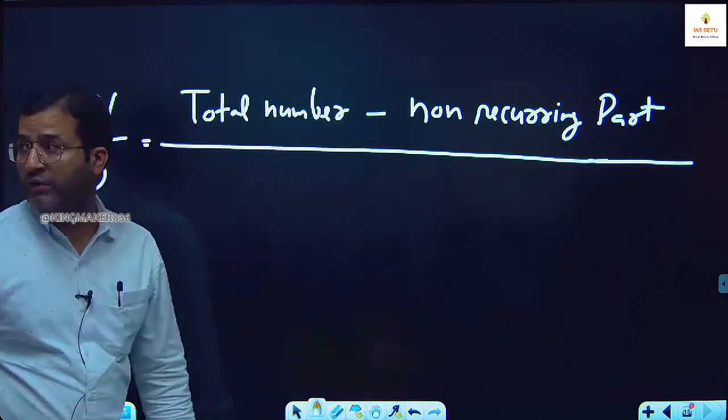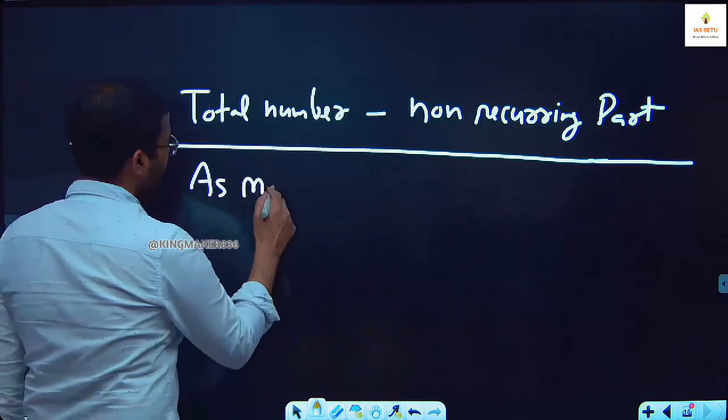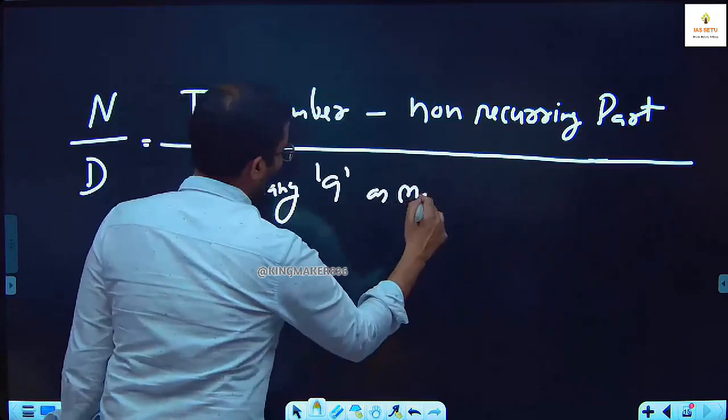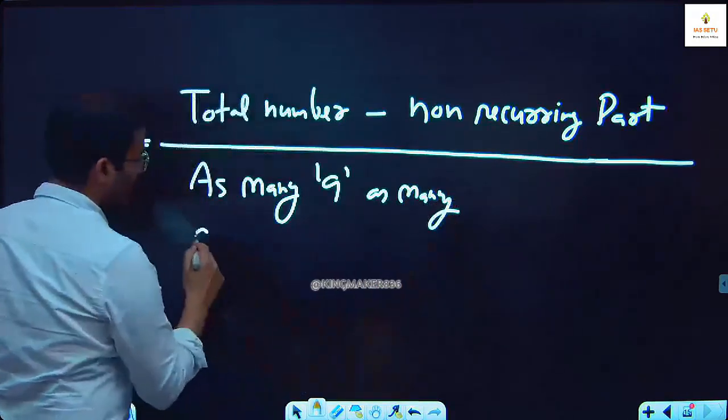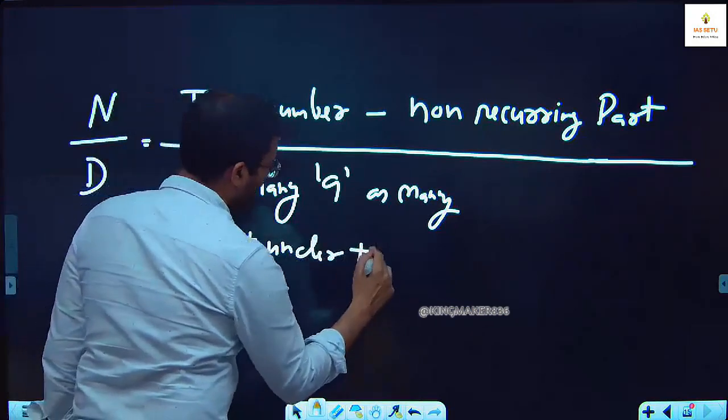In denominator, we have two things. First is as many 9, as many digit under the bar.